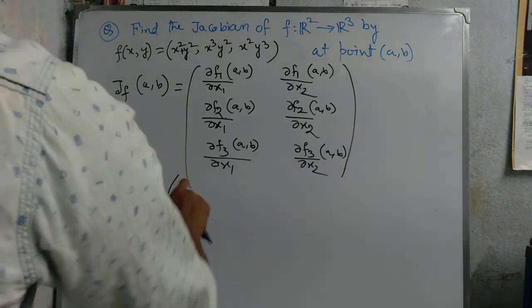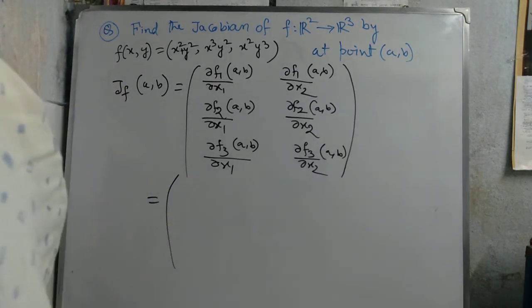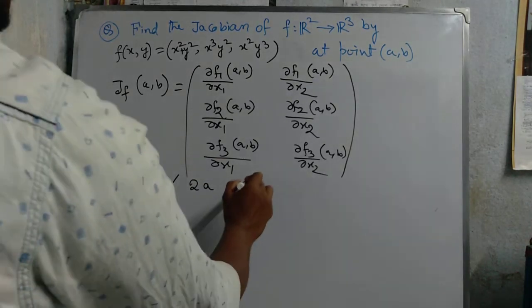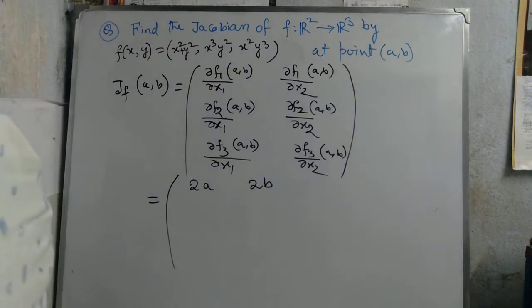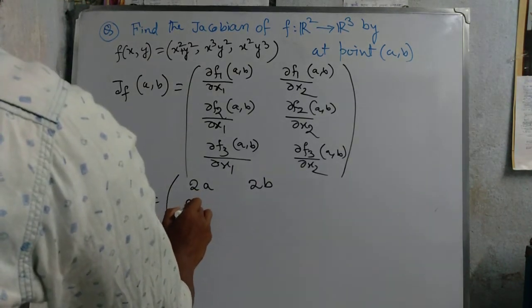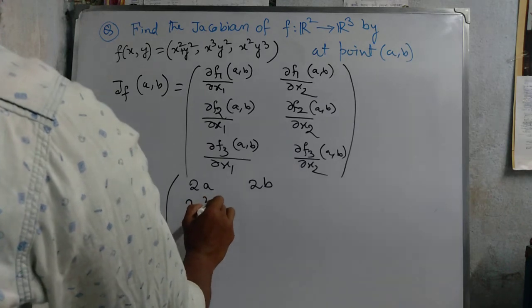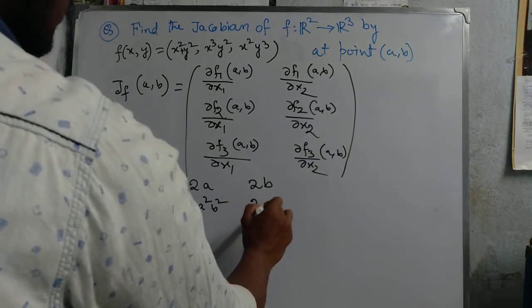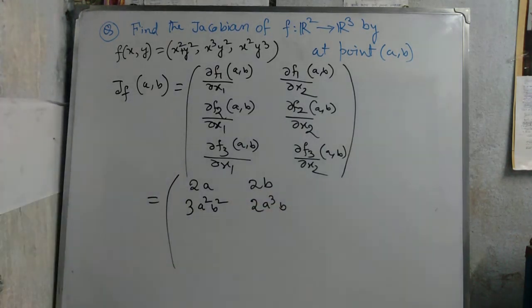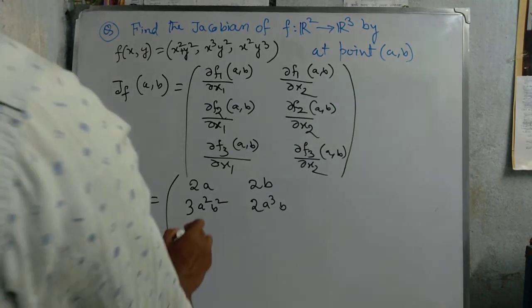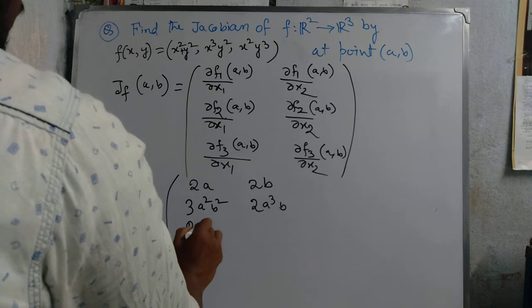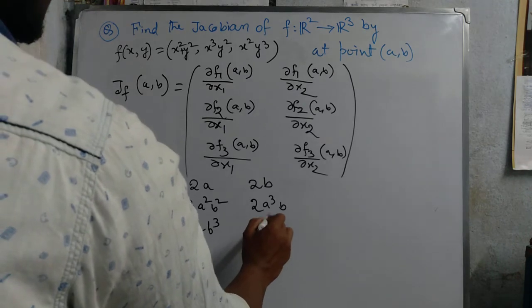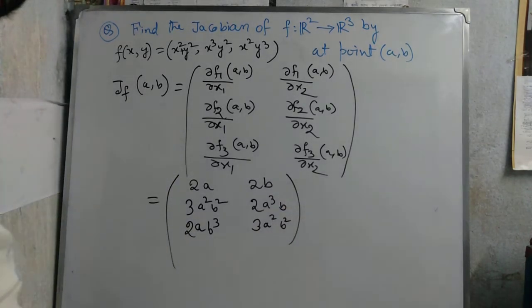We write 2x, that means 2a, and 2y, that means 2b. Then 3a²b², 2a³b, then 2ab³, 3a²b².